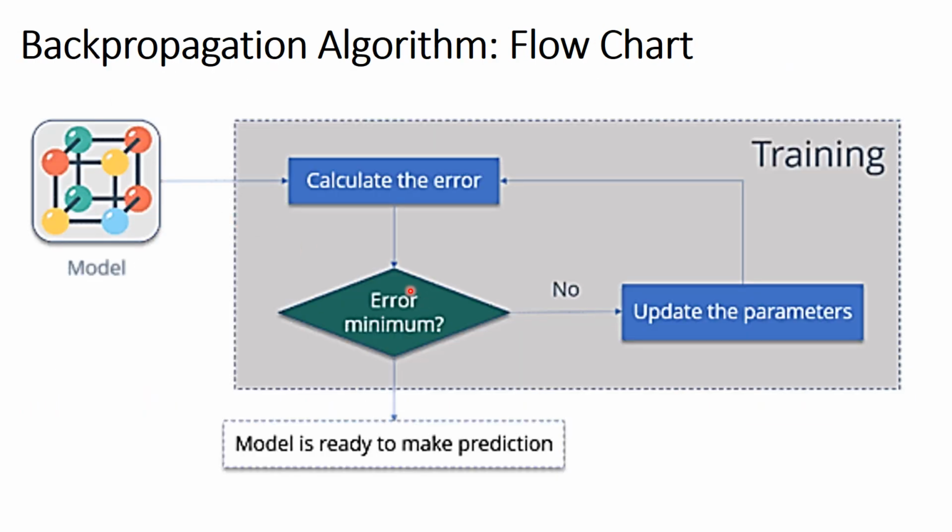This is the backpropagation algorithm flow chart. model أو الشبكة العصبية. Calculate the error، نحسب الخطأ.